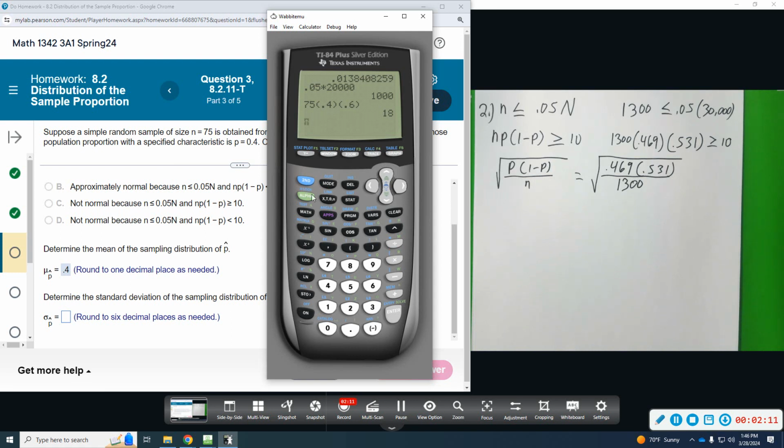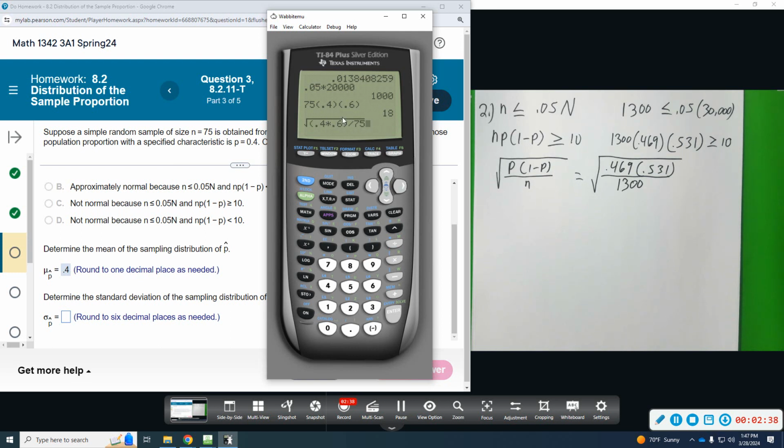So I make the square root, and open parentheses for the top, and then 0.4 times 0.6, close it, and then divide by the sample size n on the bottom, which is 75. The square root is still extended, meaning we're still under the square root, which is what we want. Now I can arrow out.